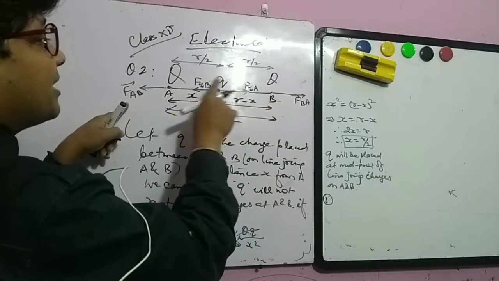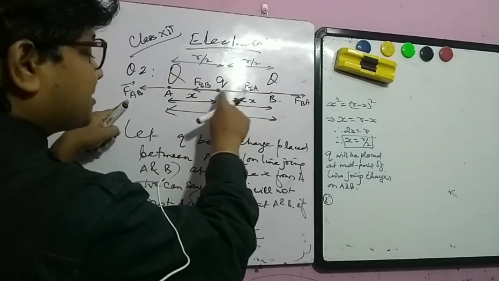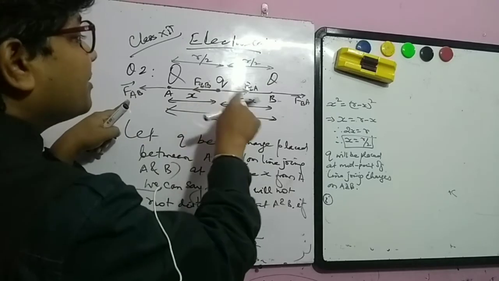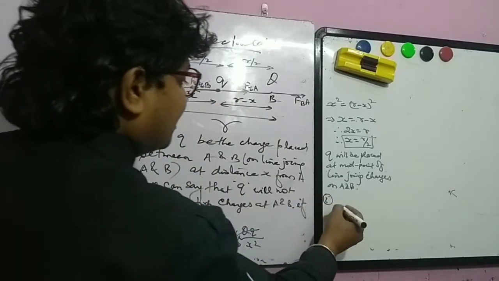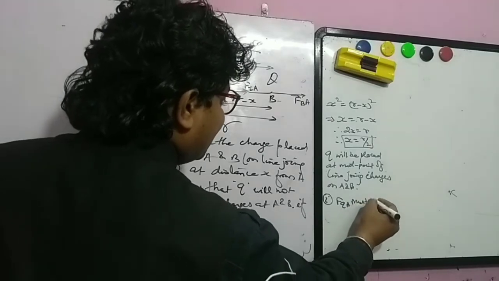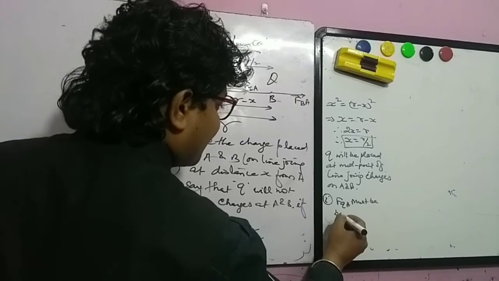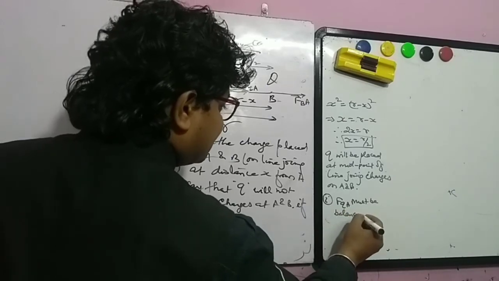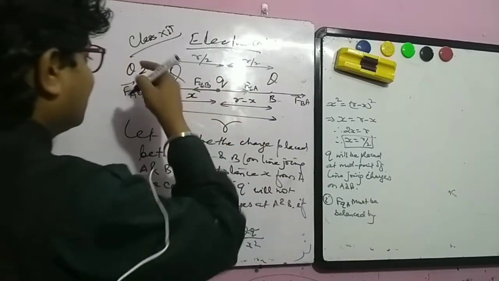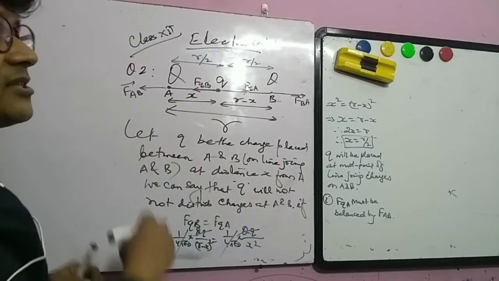अब हमने ये फोर्स बैलेंस करनी है, तो इसका मतलब ये हुआ, इस चार्ज की हम अगर बात करें तो इसका मतलब ये हुआ कि हमारा FQA must be balanced by FAB.